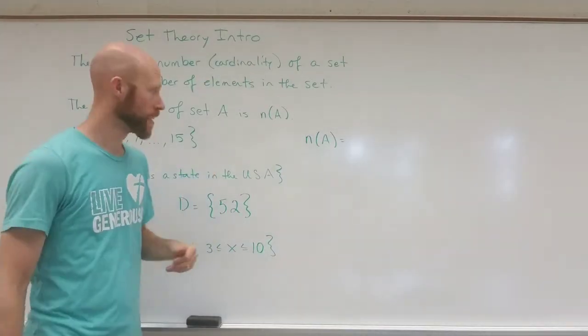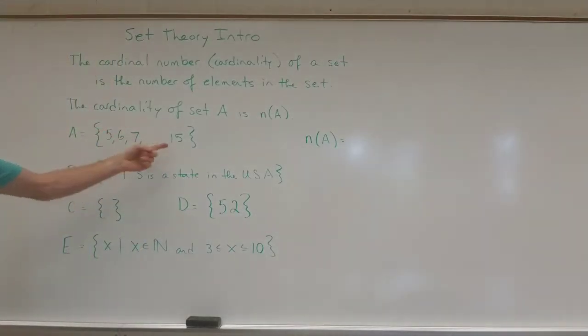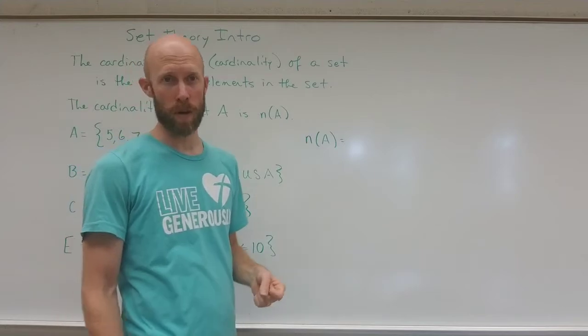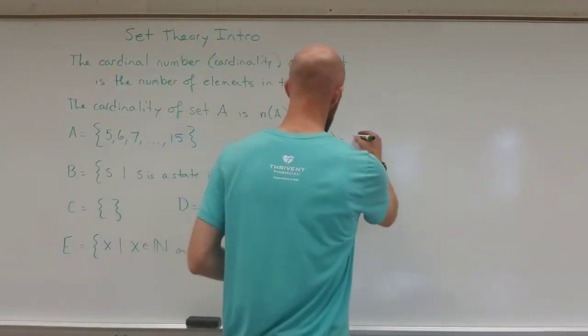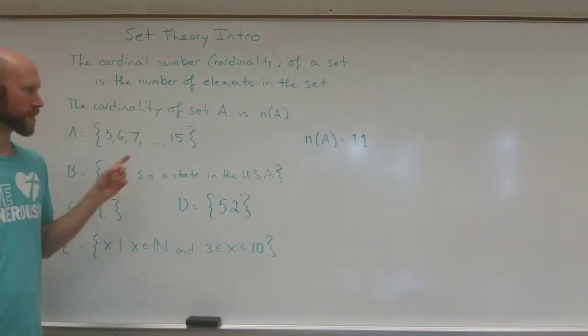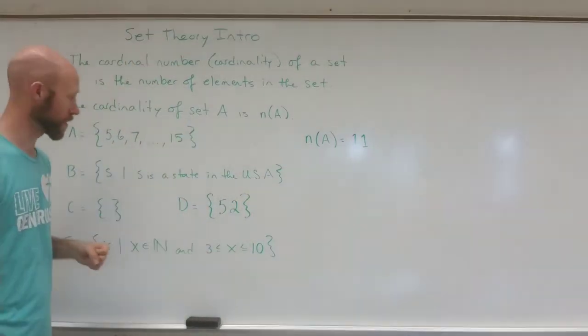That's 11. Okay? Or you could subtract them. 15 minus 5 is 10 and add 1 for the extra endpoint. But 11 will work. So there are 11 numbers in that set, which means the cardinality is 11.